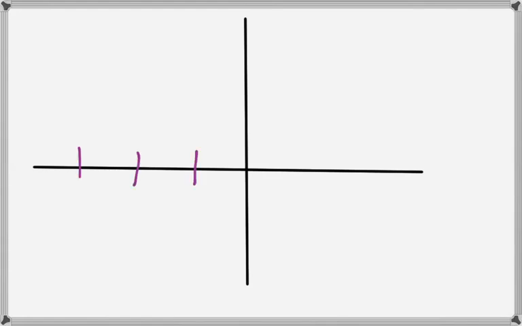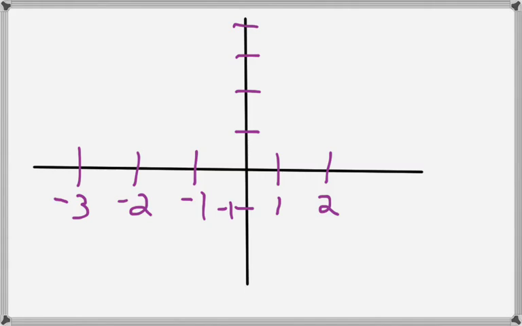So our smallest input was -3, so we'll need to scale it down that far. And our largest output was 2. Our smallest output was -1. And our largest output was 4.